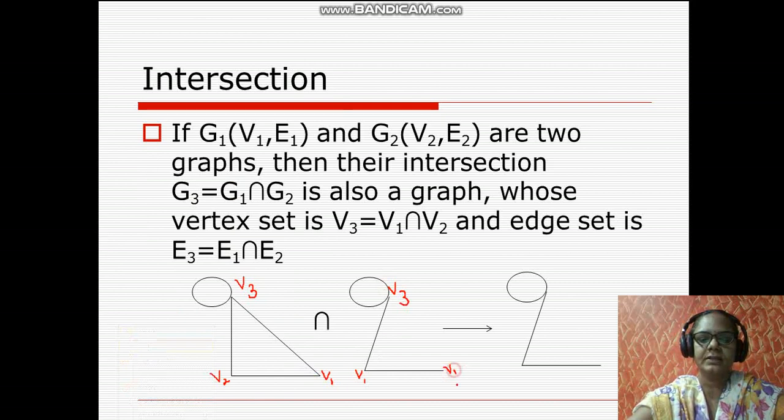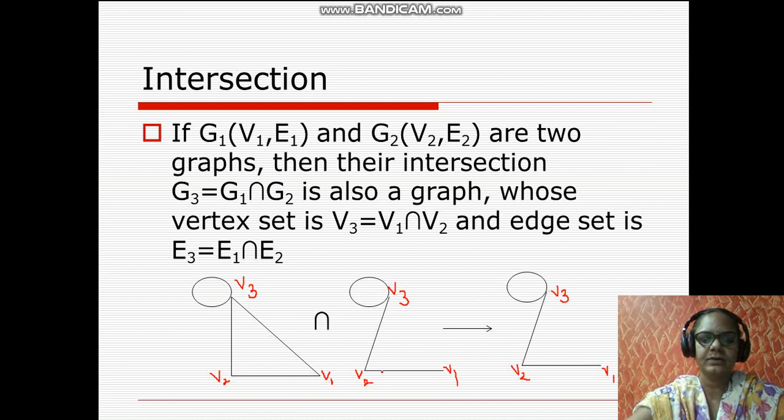Now what is common in these two is V2, V1, V3. Both the first graph and the second graph have V1, V2, V3 vertices, so the common vertices V1, V2, V3 are written in the intersected graph. Now the edge: look at this V2, V3 edge. The V2, V3 edge is there in both, so it is common here.